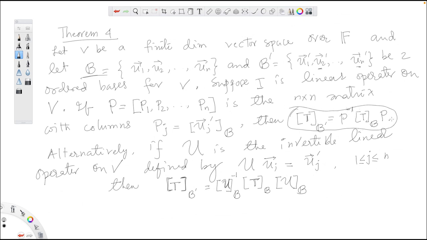Here on the right hand side I have matrices, but these matrices actually correspond to the linear operator U. This P is actually a matrix representation of this linear operator calligraphic U, where the definition of this linear operator is given here. So this was theorem 4.